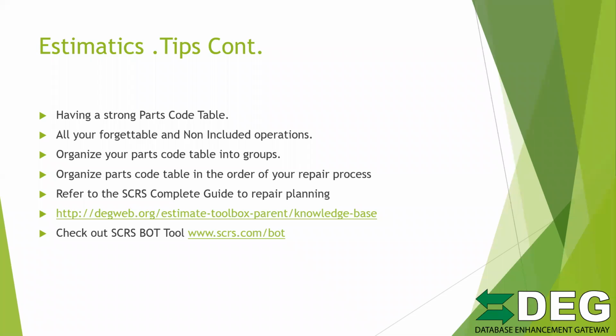Now you could take it one step further. The SCRS has developed and released a tool called the SCRS BOT tool. That tool will take that PDF document and allow the repairer to import a copy of the estimate, and it will analyze the estimate within seconds, under 5 seconds, and provide you with a list of potentially missed operations on your repair plan. You also get to integrate your parts code table into that tool, which is shop specific.